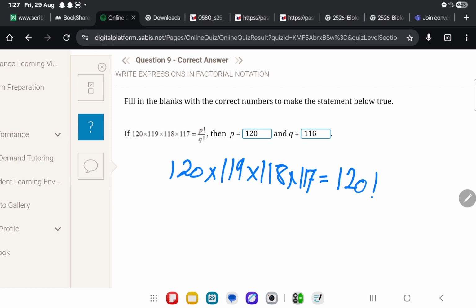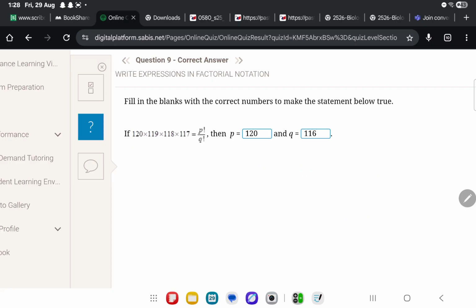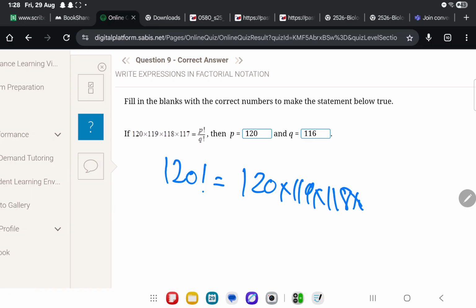But if you noticed, where did the rest of the numbers go? Because remember, we're supposed to start off with 116, then 115, then 114, all the way until 1. Now, this is another way of rewriting it. So you can rewrite 120 factorial as 120 times 119 times 118 times 117 times 116 factorial. Remember, this is an application of n factorial equals n into n minus 1 factorial. You can always do this.